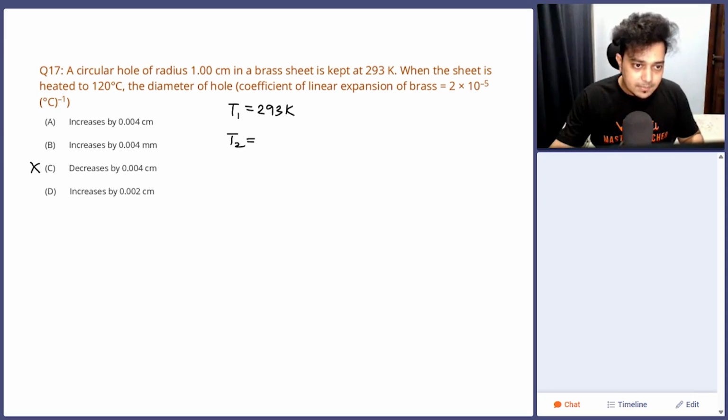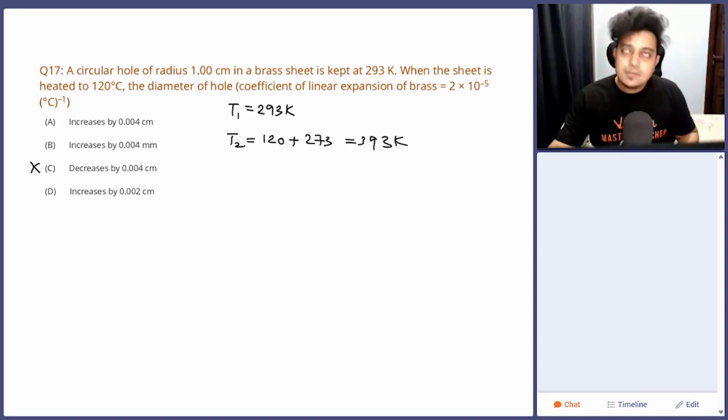What is the final temperature? 120 plus 273, so 393 Kelvin. That is T2, the new temperature. So we have area; the area will increase. We have to get the change in the diameter. The initial radius is available.